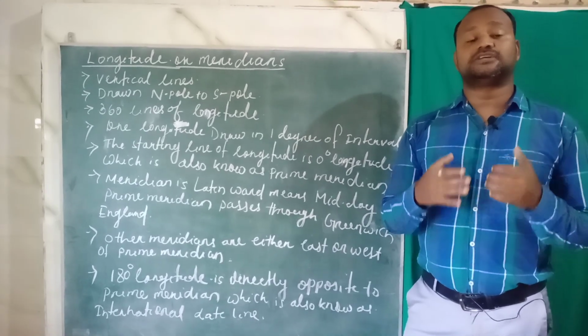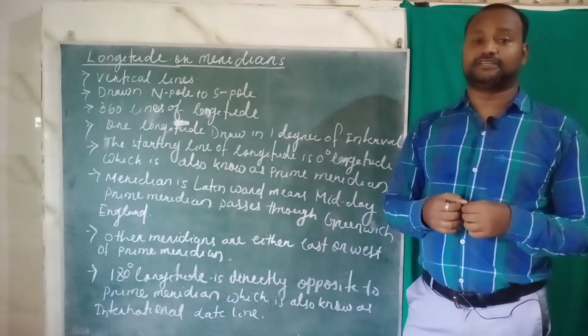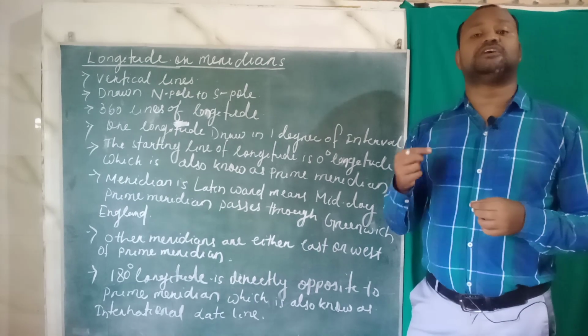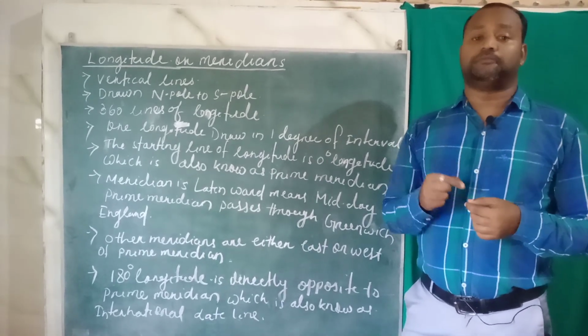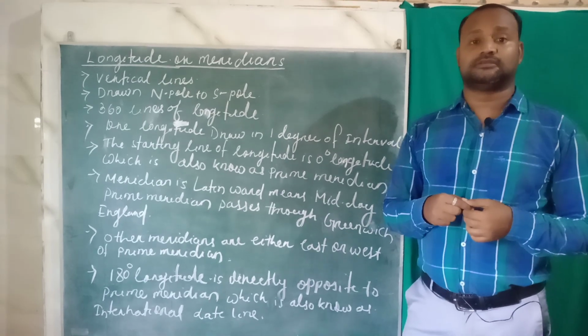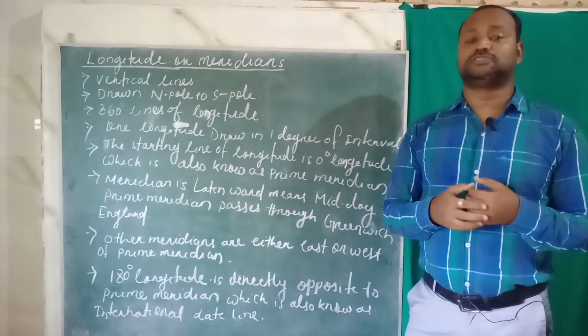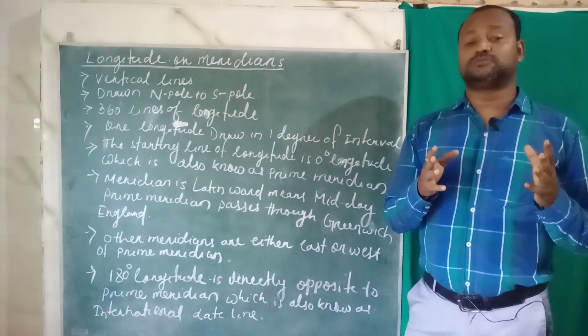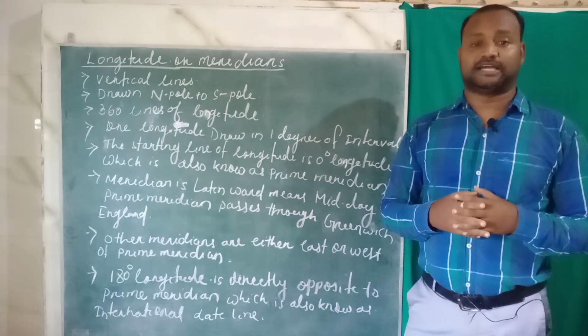And just opposite of the prime meridian there is 180 degrees. The opposite of each and every longitude makes a complete circle. So the 0 degree and 180 degree are opposite to each other, and this 180 degree longitude is known as the international date line.